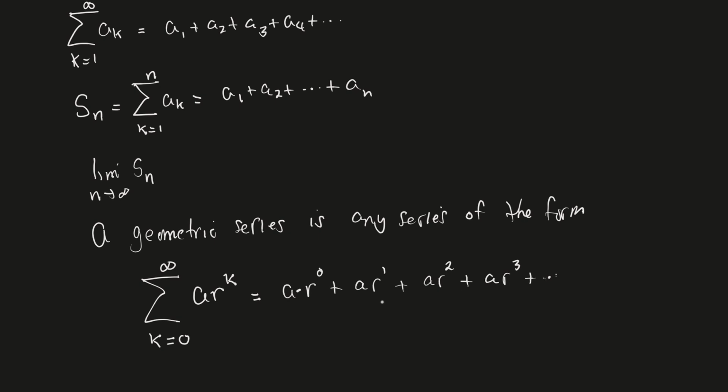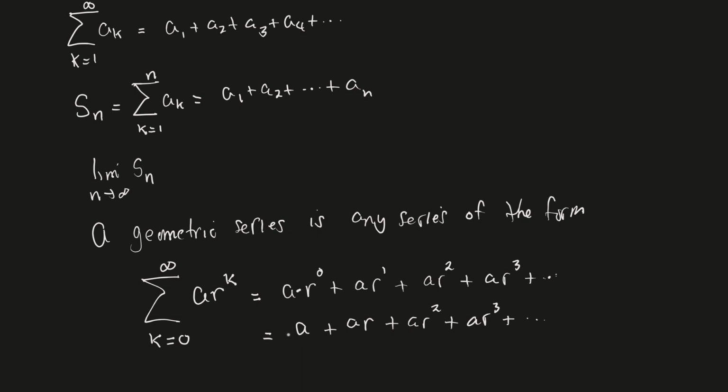I put my ellipses there. Well, r to the 0 is 1, and a times 1 is a. And then here we can drop the exponent of 1, so we have a times r, and then a times r squared, a times r cubed. So that's a geometric series, and you can see the pattern.